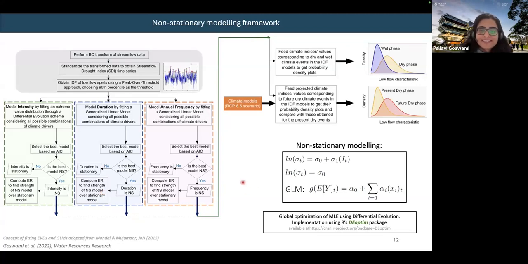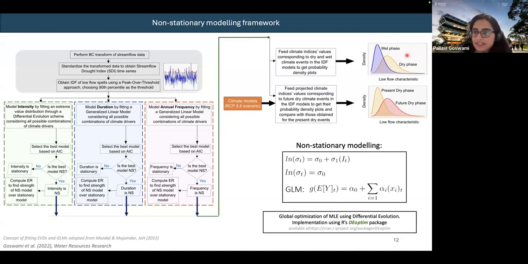The next step is to understand if there is at all a relationship between the climate drivers and the low flows. Even the climate drivers themselves, as you would know, have different phases. They have a wet phase and a dry phase. So what this framework really helps us to do is to tease out the nuances of how different phases influence streamflows.